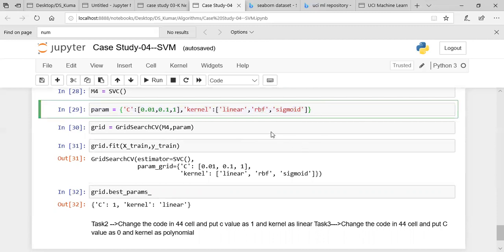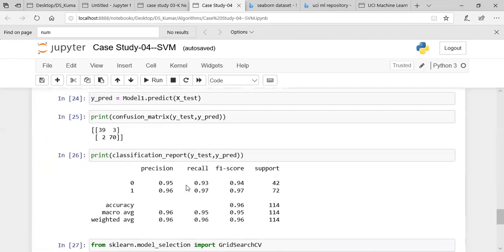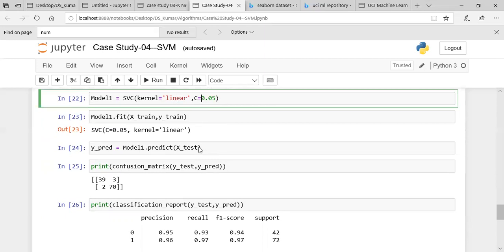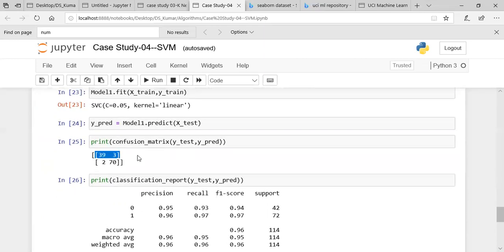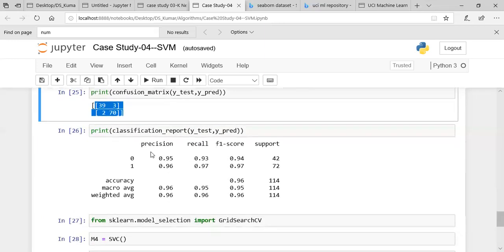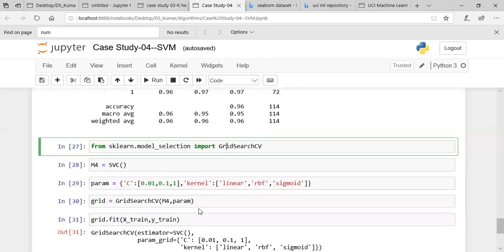Your SVC performs better whenever you use linear and a C value of 1. So straight away you can apply the model as linear, and if you set the C value as 1, you can get the best parameters. That is how you can observe the usage of GridSearchCV.